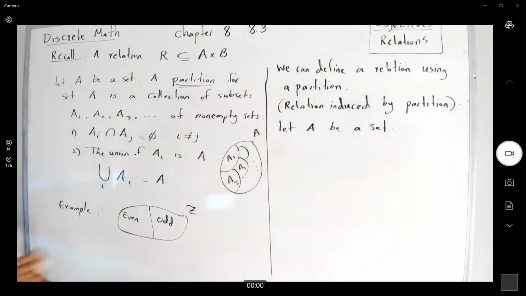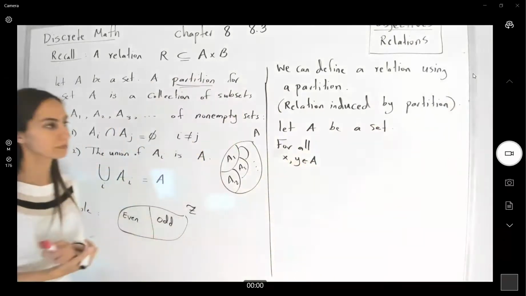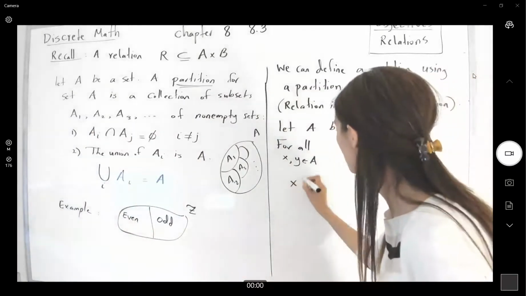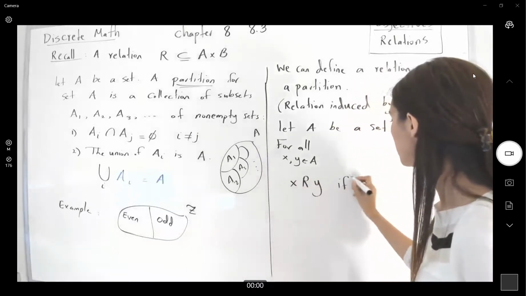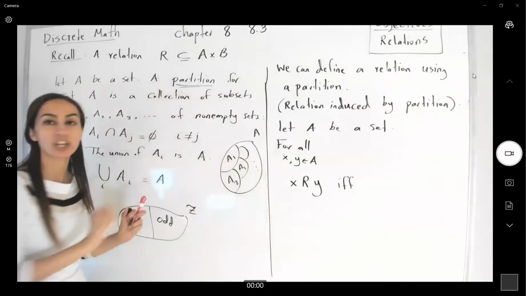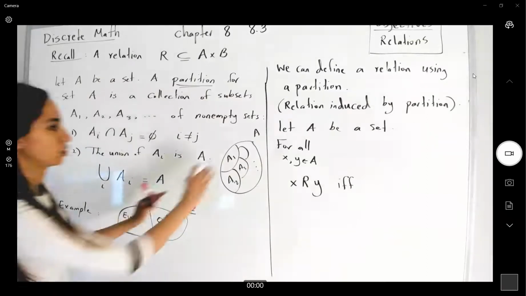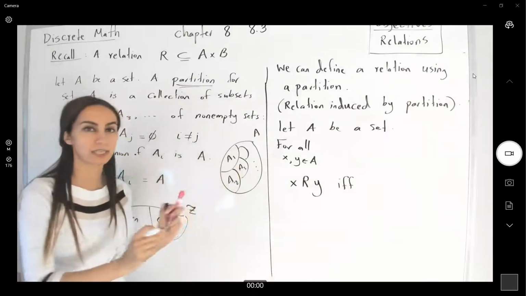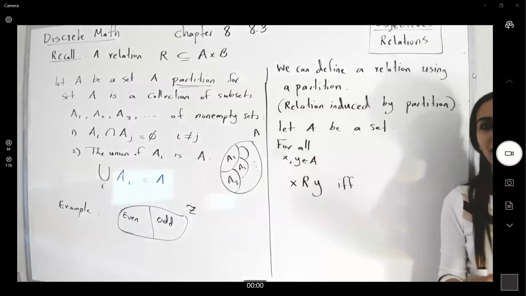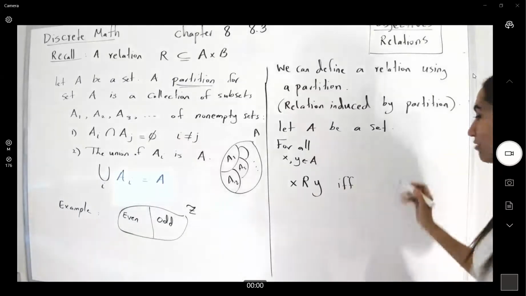We're going to say that for all x and y in A, x is in relation with y if and only if we can find a partition in set A such that, so you can find one of these subsets, you have a partition, you can take one of these subsets such that x and y belong to that subset.